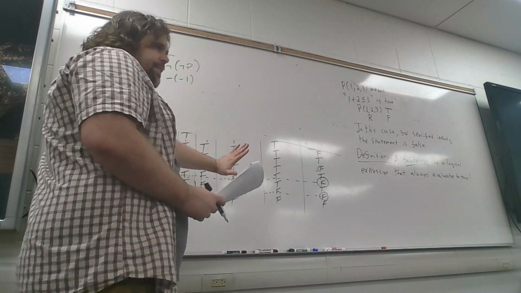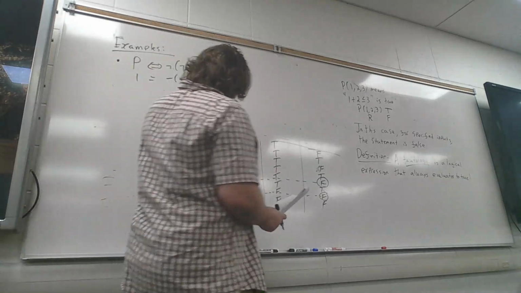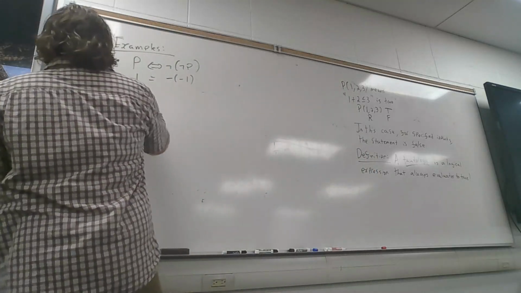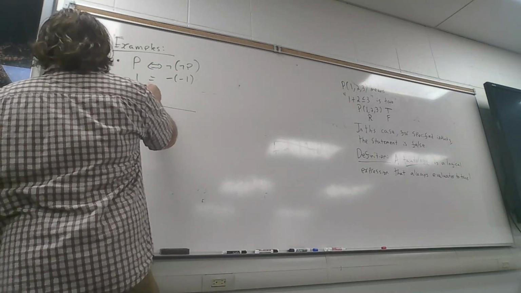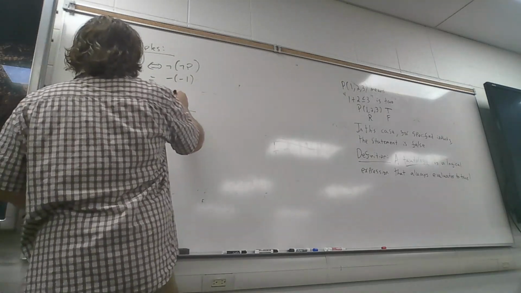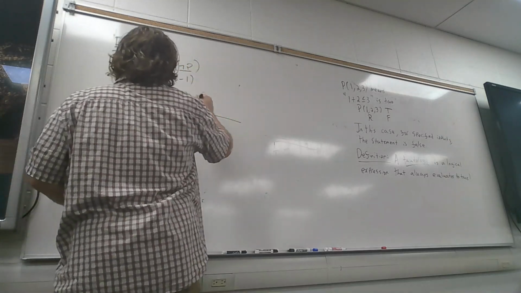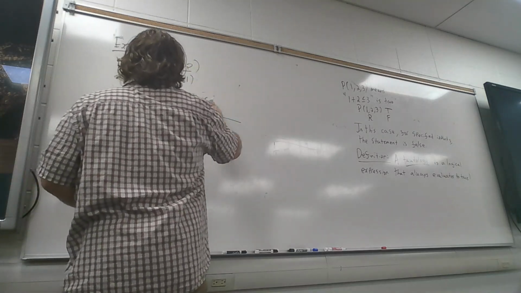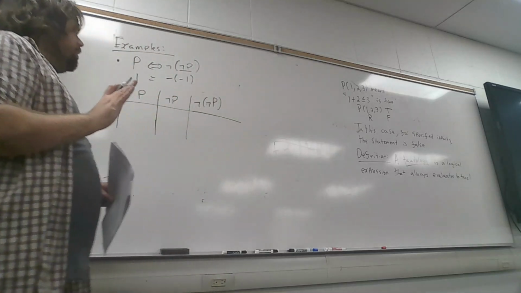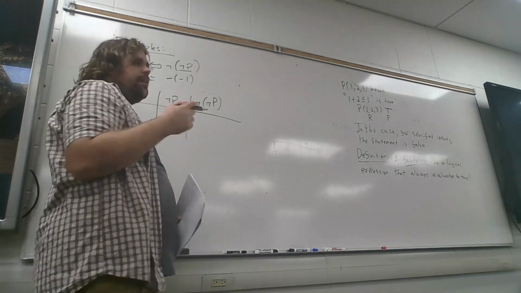So let's actually see that, right? Let's actually work out the truth table for this. So this one's relatively simple. We have one input, and then we have not P, which is inside the brackets, and then we have not P, which, as a side note here, a lot of students will do these sorts of things in their head.